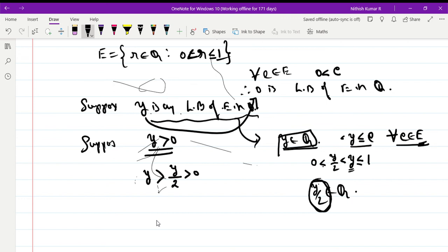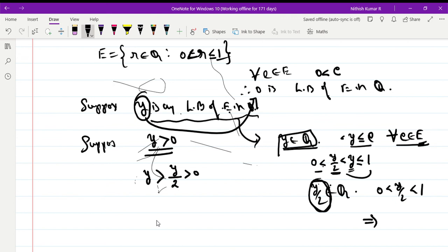Now y by 2 is greater than 0, less than 1, and it's a rational number, that is 0 is less than y by 2 less than 1.